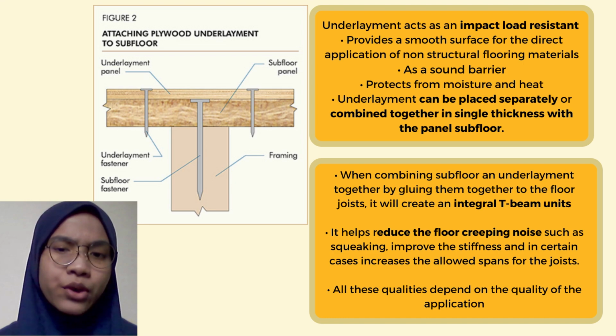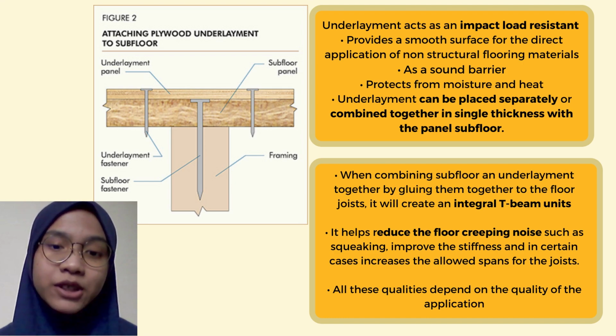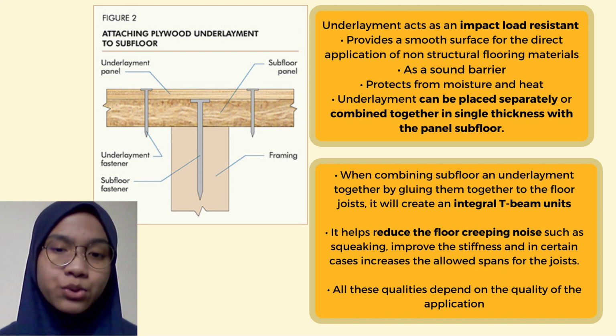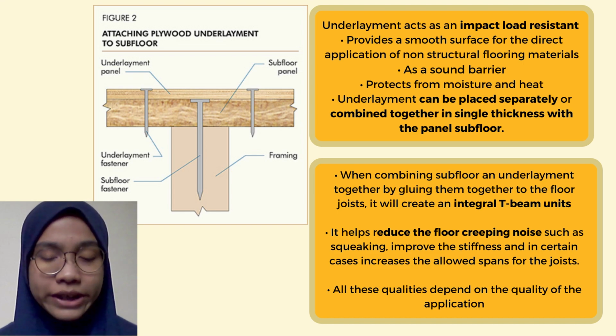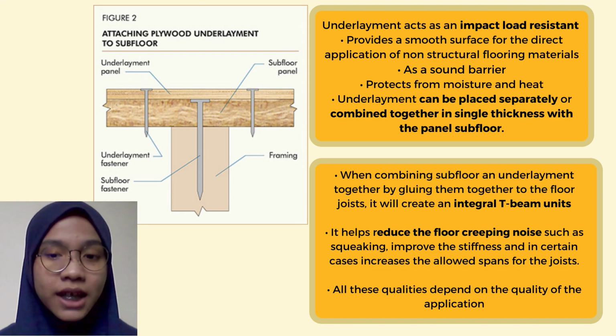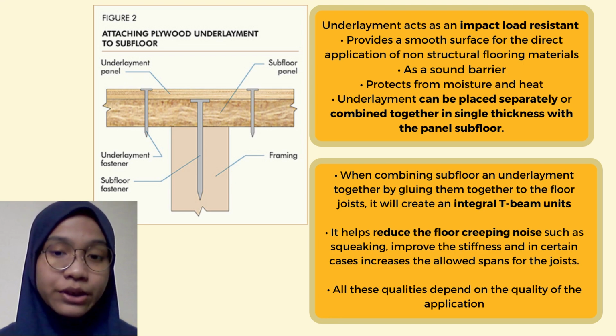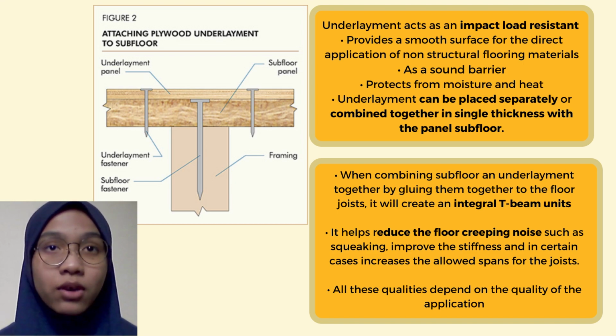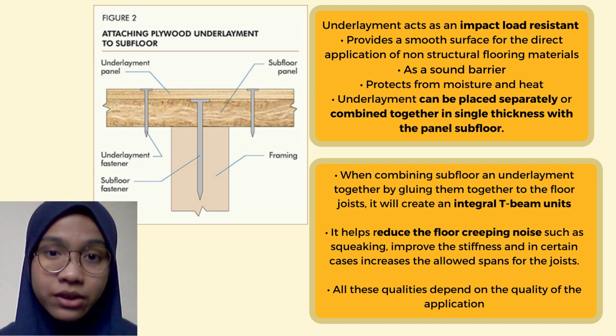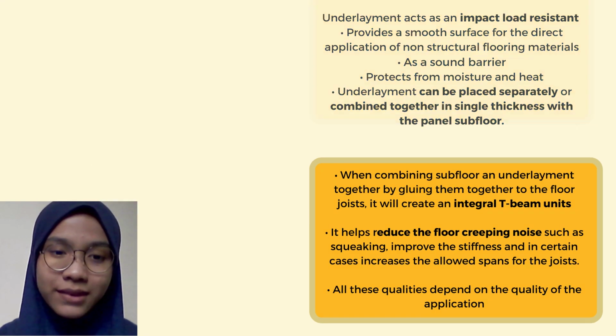It will create a more integral T-beam unit that helps reduce floor noises such as squeaking, improves the stiffness, and in certain cases increases the allowed spans for the joist. All these qualities depend on the quality of the application of the system.